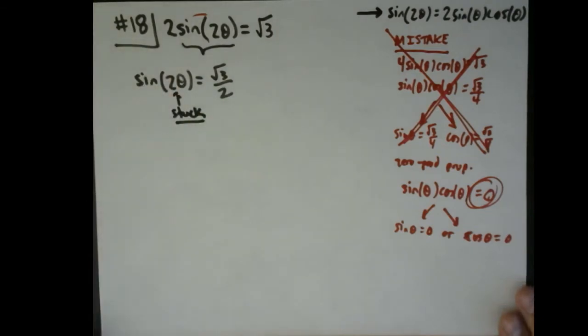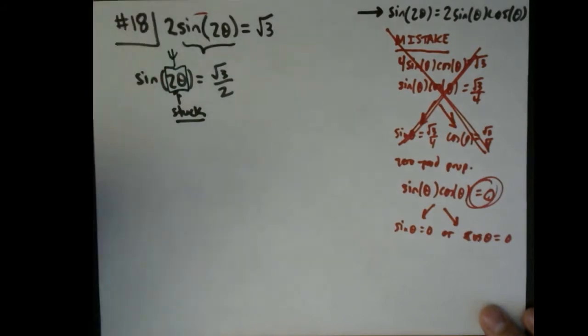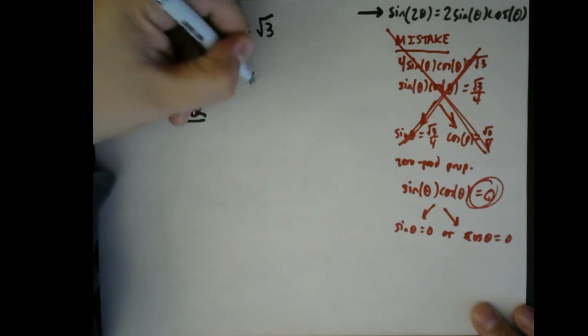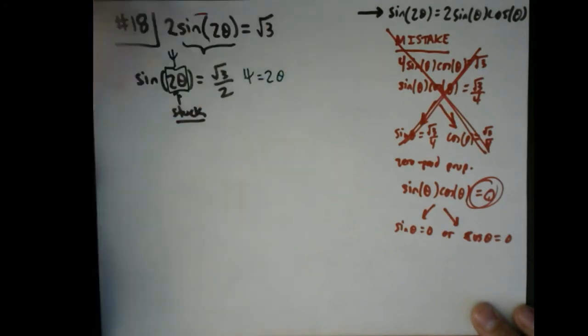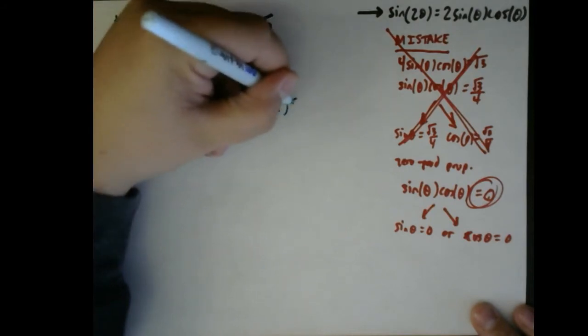Well, what we do instead is we say, okay, I can accept that that's called 2 theta. I'm just going to give it another symbol. I'm going to call it psi. If I let psi be 2 theta, I can actually solve the thing. I can solve it the way we had just solved the previous problem.